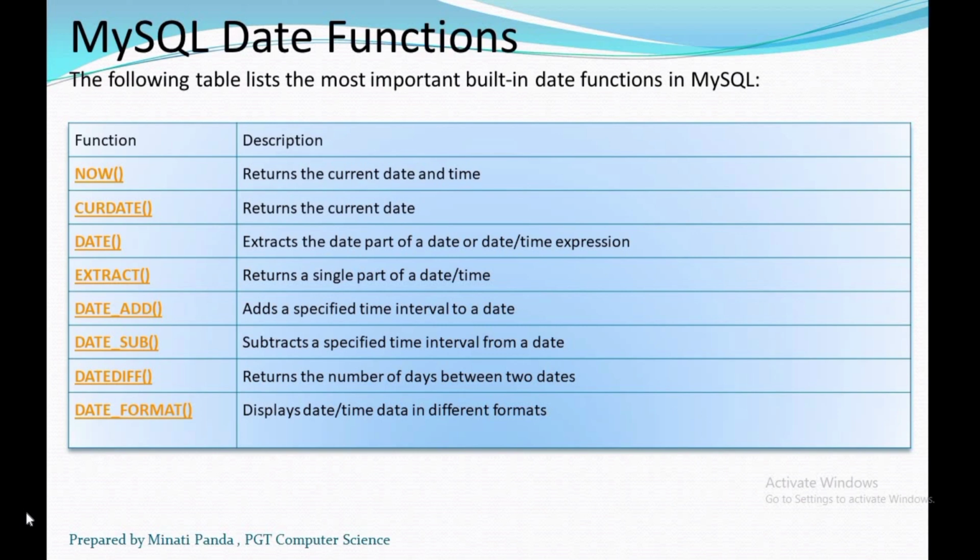DATE_ADD function adds a time or date interval to a date and then returns the date. The interval may be a year, quarter, month, day of the year, day, week, weekday, etc. DATE_SUB function subtracts a time or a date interval from a date and returns the date.